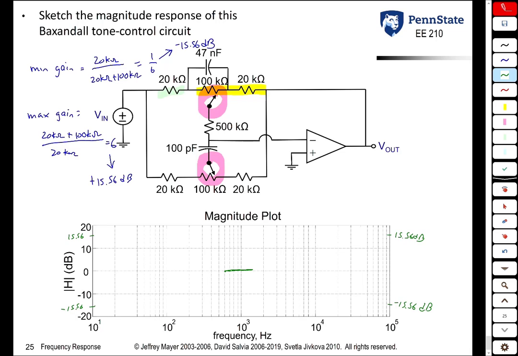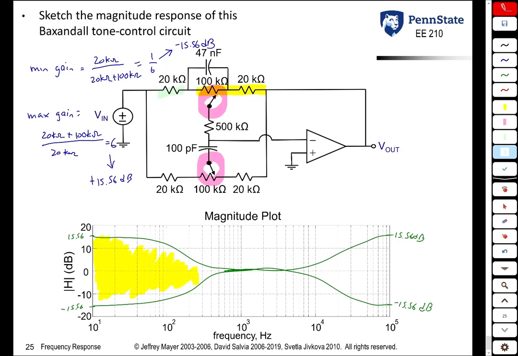So what we're going to see is that our total frequency response can be anywhere in this range here. The pot on the top allows us to change the frequency response in the left half anywhere in that range.